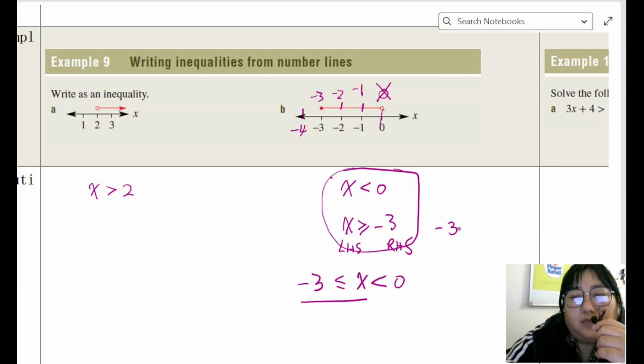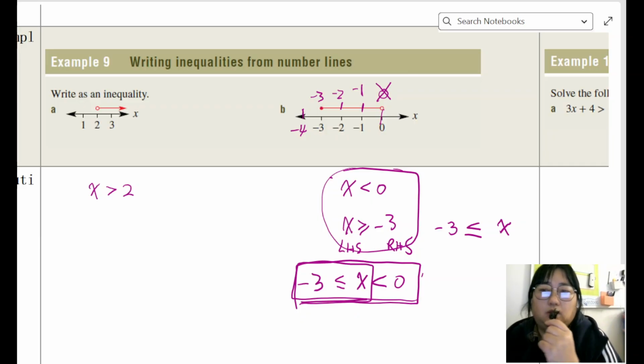So if I have -3 on the left hand side instead, and x goes to the right hand side, this symbol has to be reversed. So we change to less than or equal to, exactly like this. Now I can rewrite these two inequalities in one sentence.